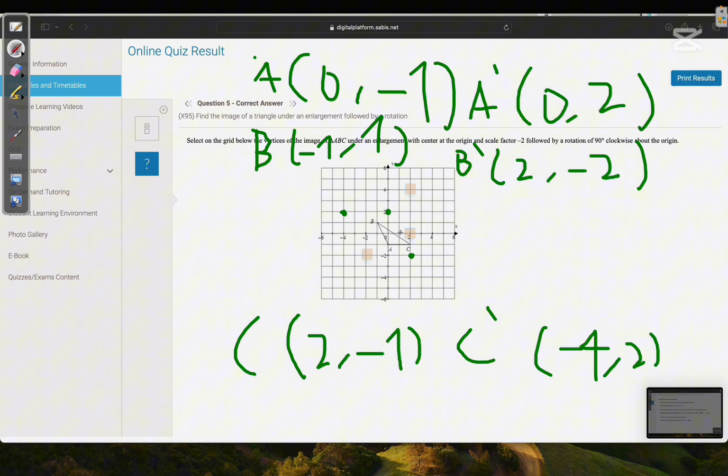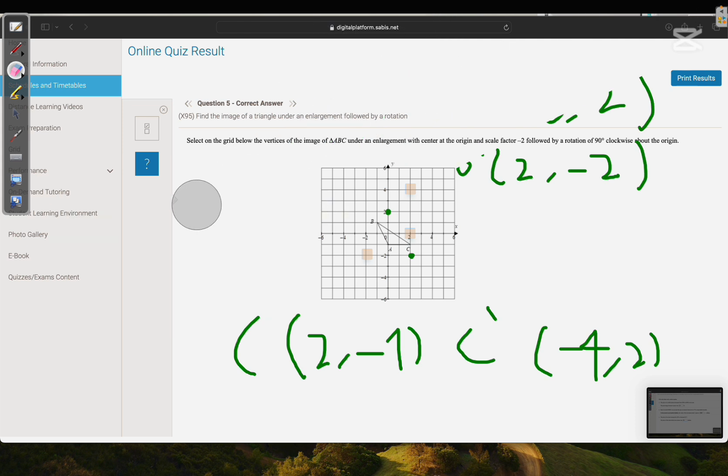A prime is 0, 2. C prime -4. Okay. And now they want it under a 90 degrees rotation. So first let me remove this, except the points. C prime, as we said, is -4, 2.